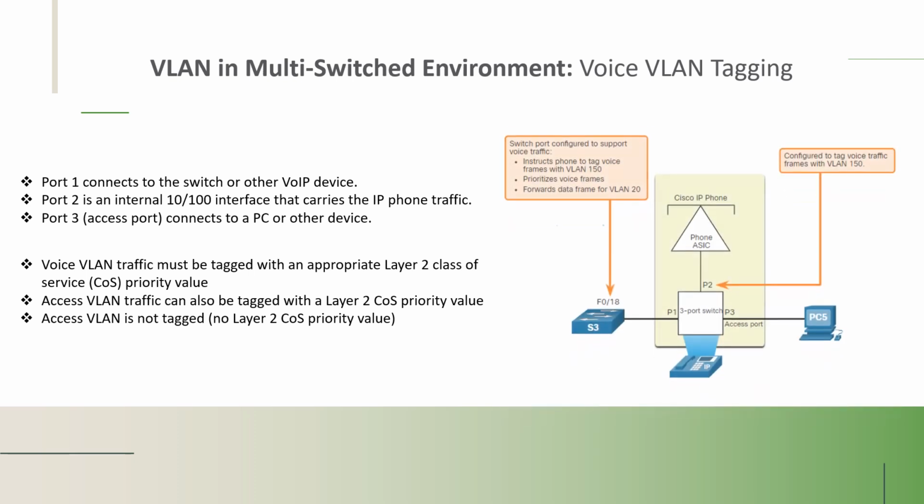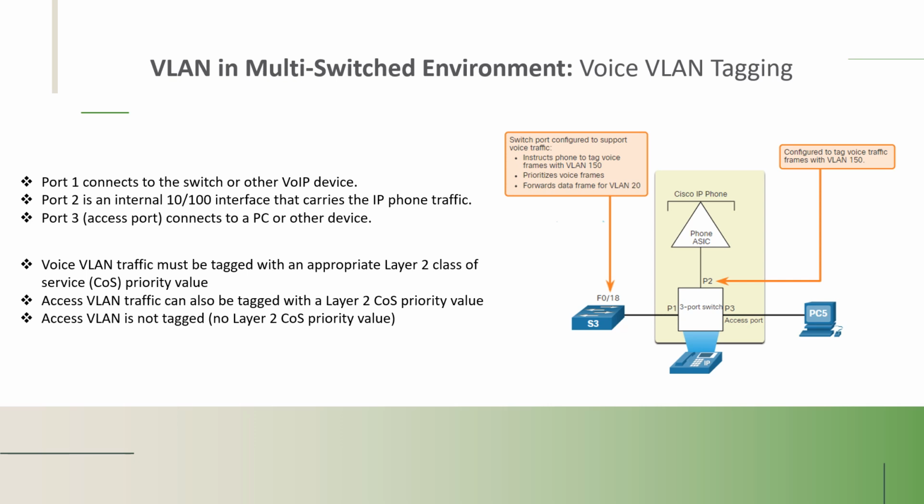Here there is a figure where the student's computer PC5 is attached to a Cisco IP phone and the phone is attached to switch number 3. VLAN 150 is assigned to carry voice traffic, while PC5 is in VLAN 20, which is used for student data.